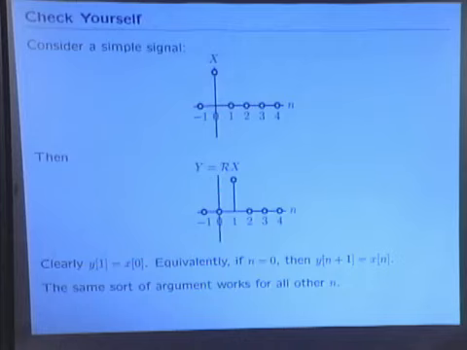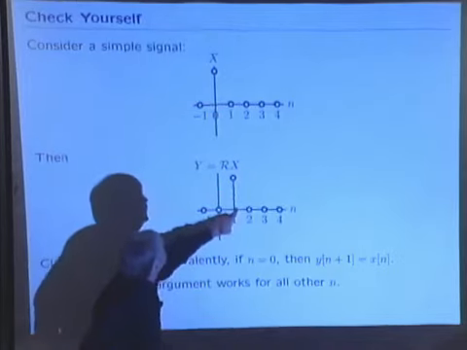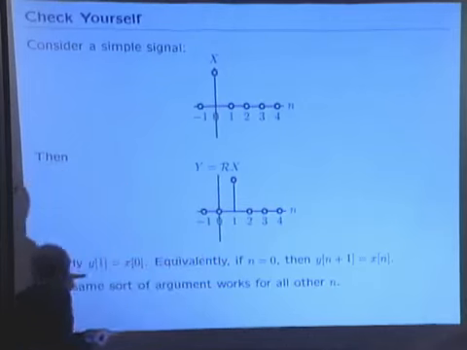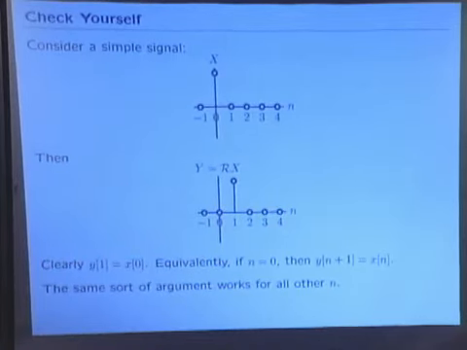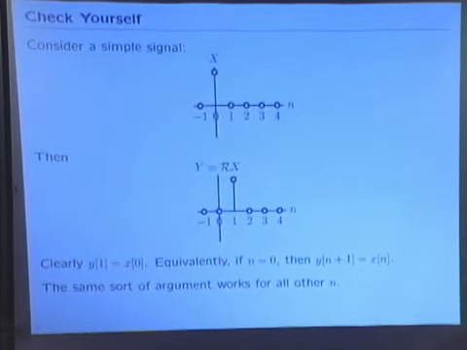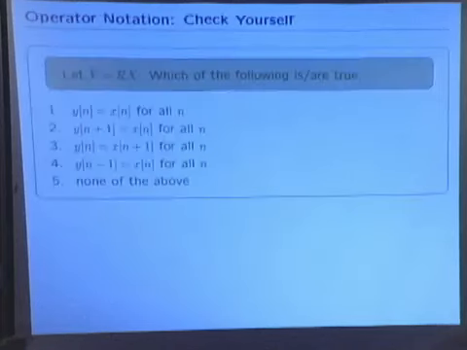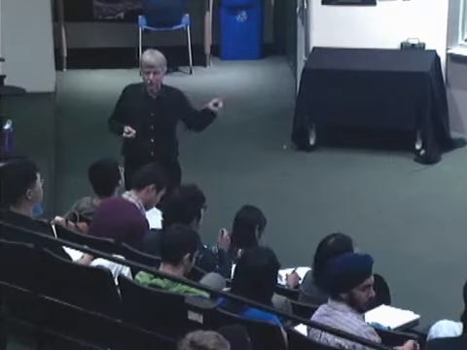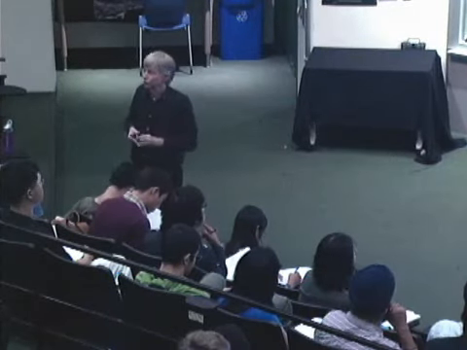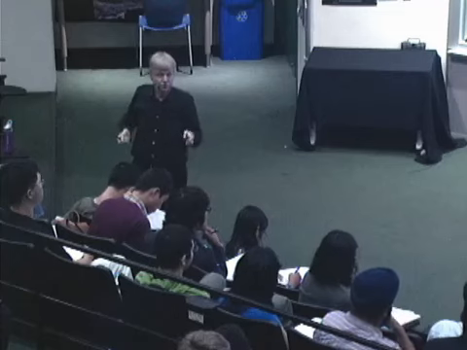It's pretty clear that y at time 1 is the same as x at time 0. And that's a feature of this equation and none of the others. So that proves the others are wrong. And if you think about it a little bit, you can generalize that argument to prove that the second one is actually true for all the cases. Okay?